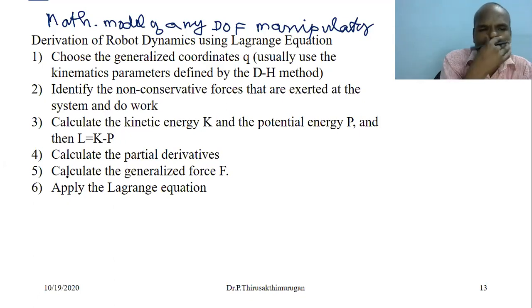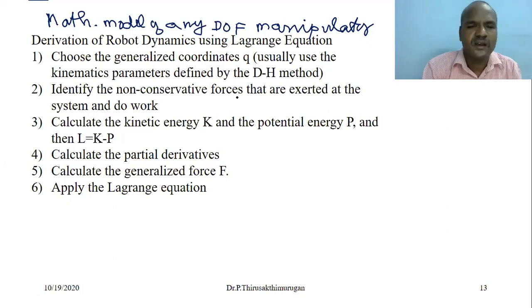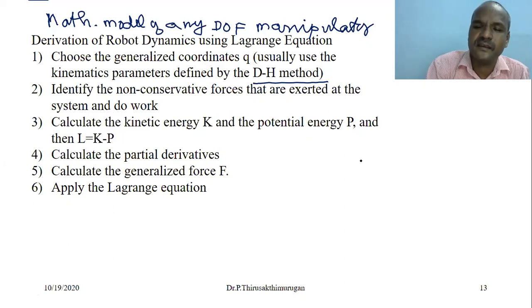There are 6 steps. First step is choose the generalized coordinates. How many Q values are there? Q1, Q2. What is Q? Q's are nothing but the joint parameters, generalized coordinates of joint parameters. Joint parameters are θ1 and θ2. Okay. Or you can also go for the Denavit-Hartenberg method for an nth order system, say base to end effector.